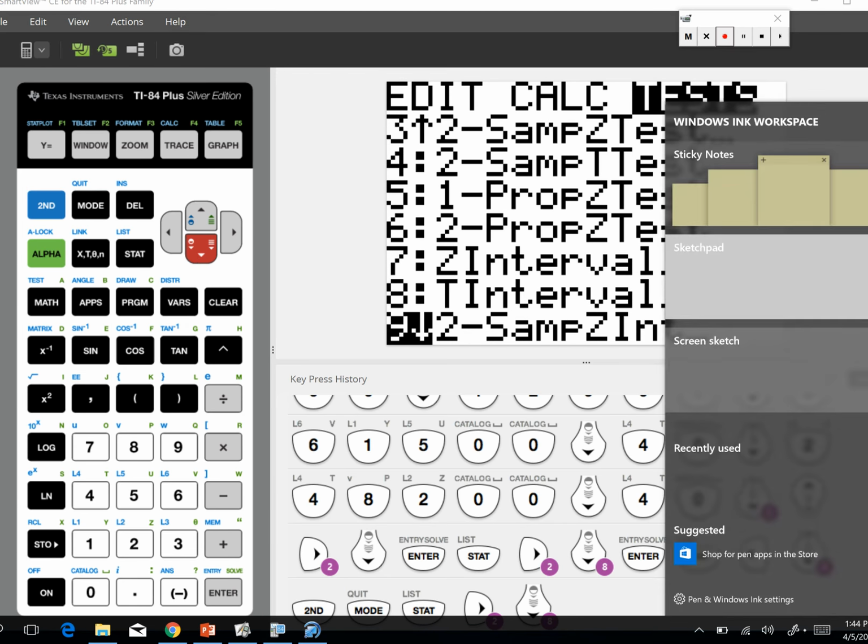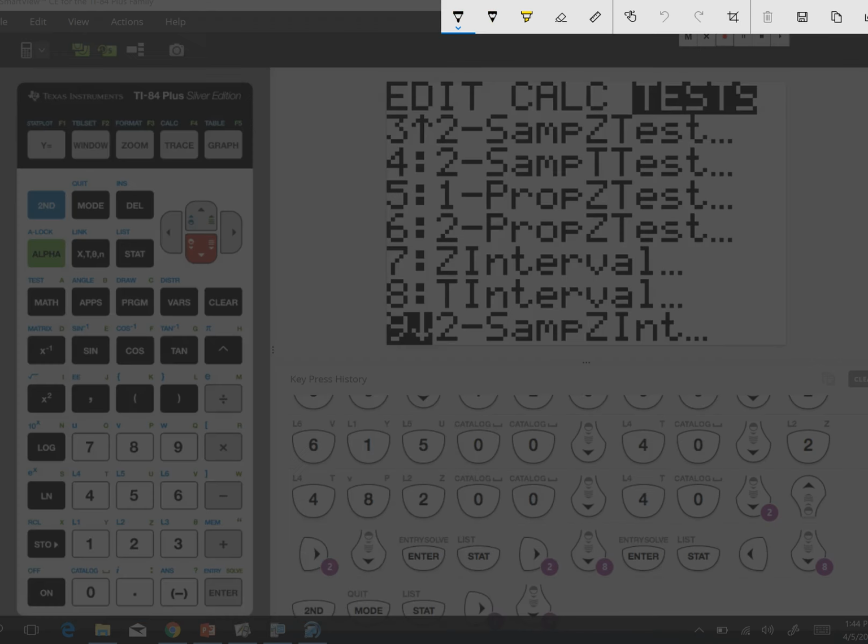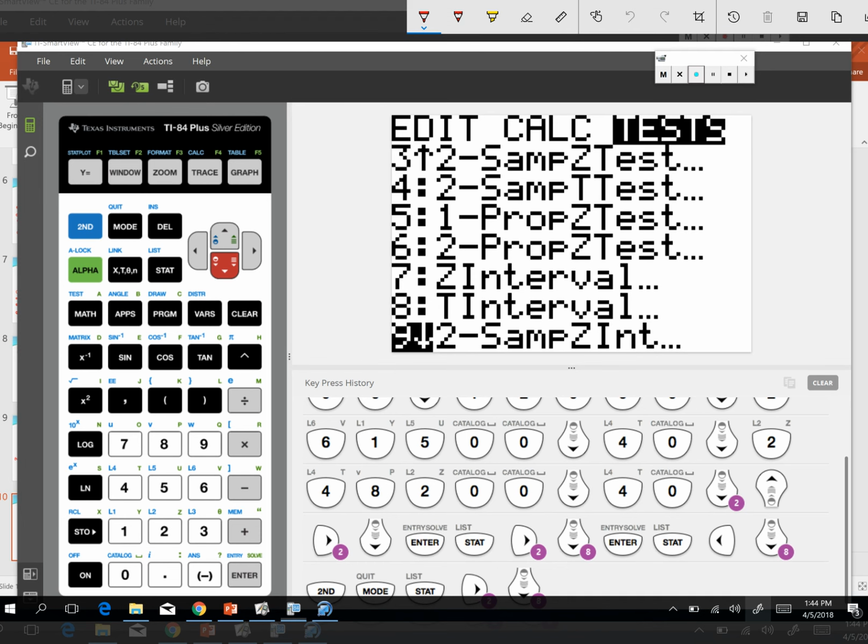If you want to do the hypothesis test, you want to do the z-test for comparing two means, this is for your hypothesis test that we did. It's a two-sample z-test. Now, if you want the interval, the confidence interval, it's option 9. It's a two-sample z interval.